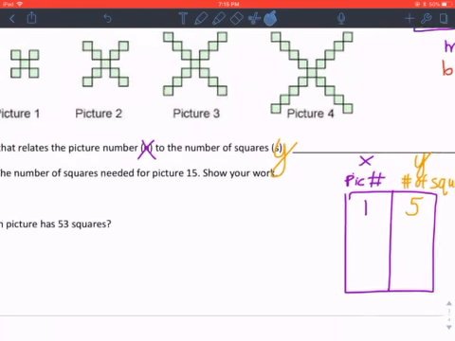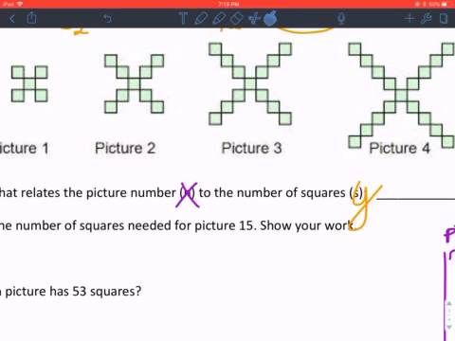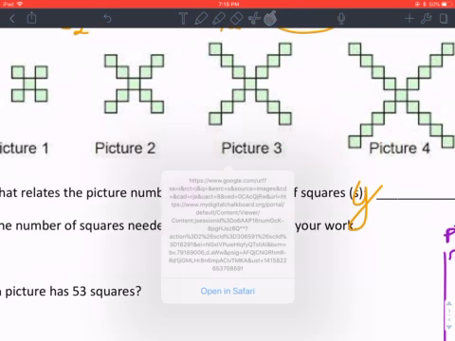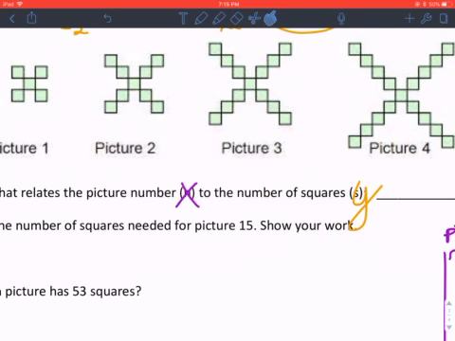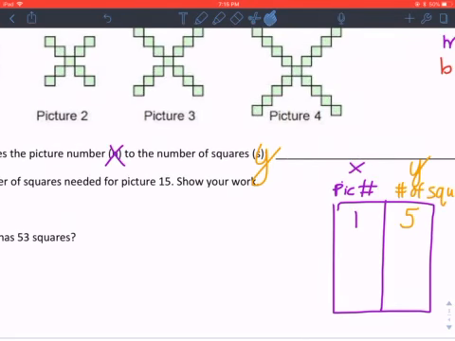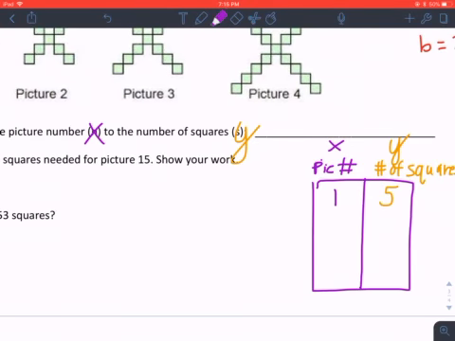And number 2, I'm going to count them up, so I have 1, 2, 3, 4, 5, 6, 7, 8, 9. So I have 9 squares in picture 2.